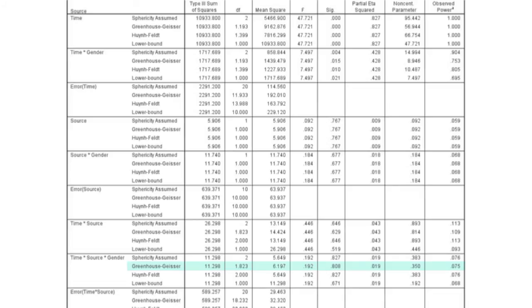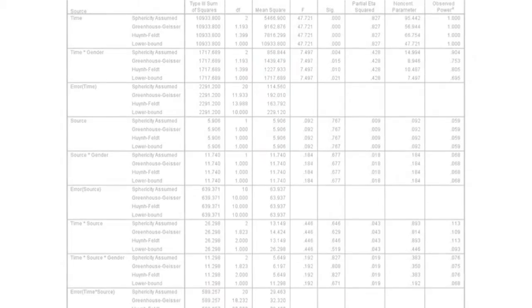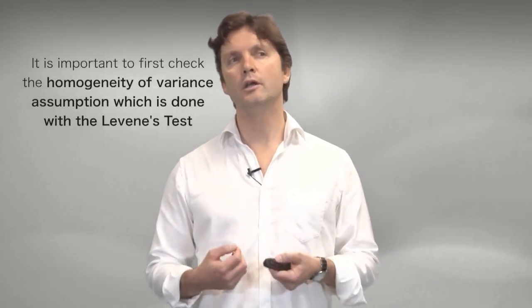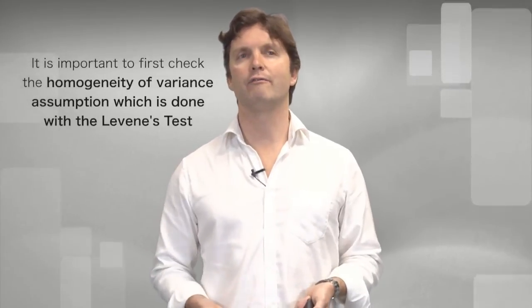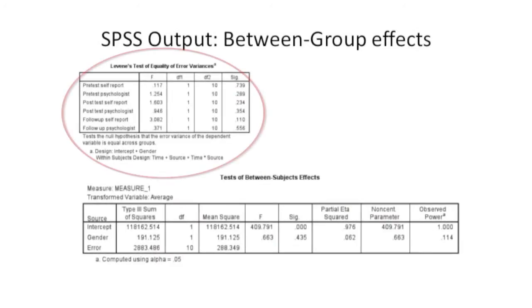So the main effect of gender is listed separately from the repeated measures effects in a table called tests of between subjects effects. Before looking at this table, it's important to firstly check the homogeneity of variance assumption, which is done with Levene's test. So SPSS does a homogeneity of variance test between males and females for pre-test self-report.